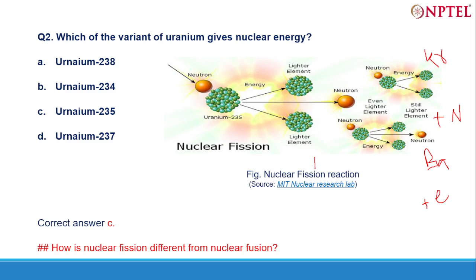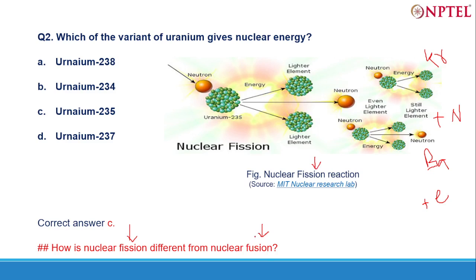Understand this word fission. Fission is actually the breaking of atoms. It is quite different from nuclear fusion. In nuclear fusion, two atoms join together, and the difference in mass is released in the form of thermal energy.